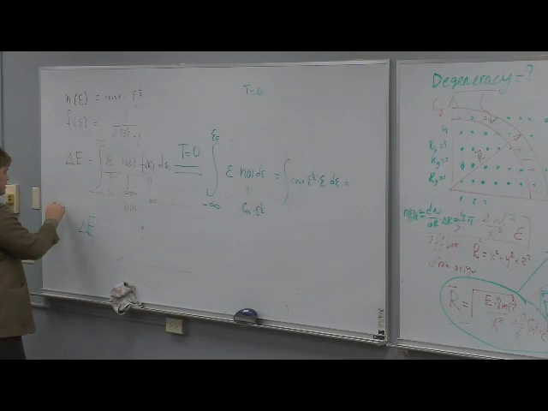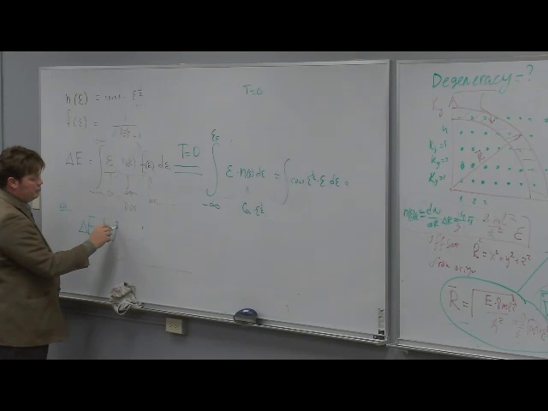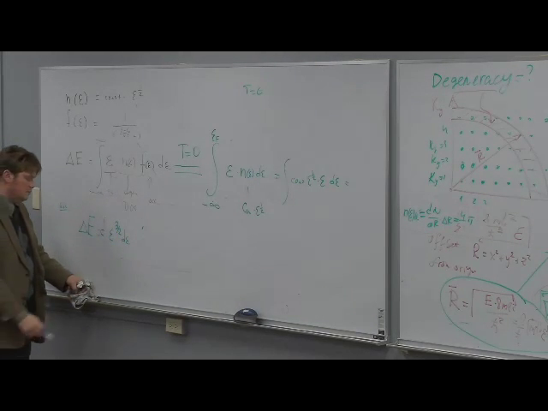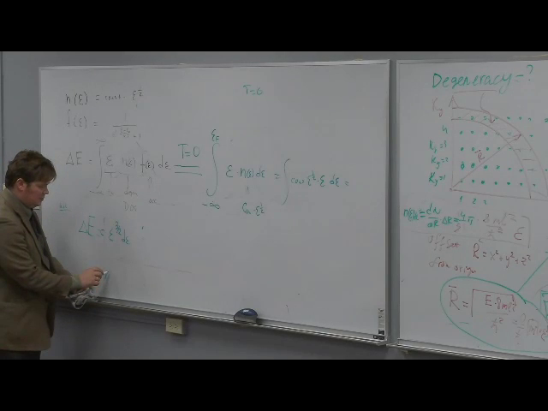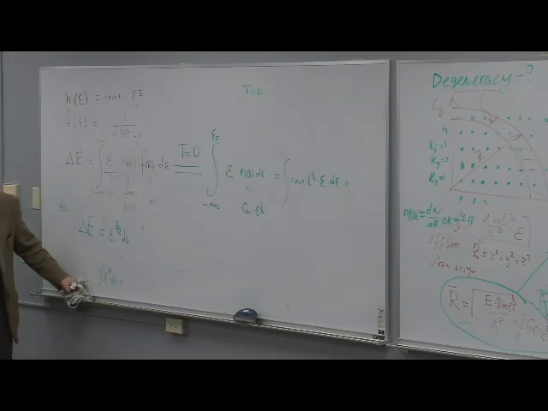Energy of all electrons inside the box is an integral of E to the power 3/2 dE. What is the integration of a polynomial?